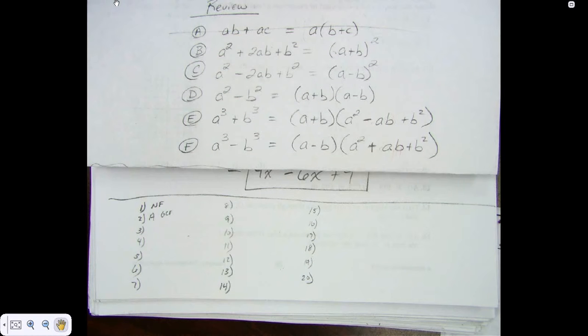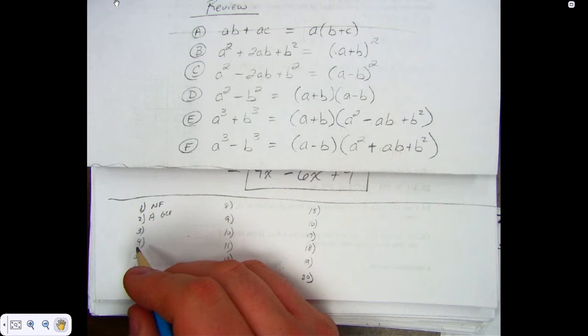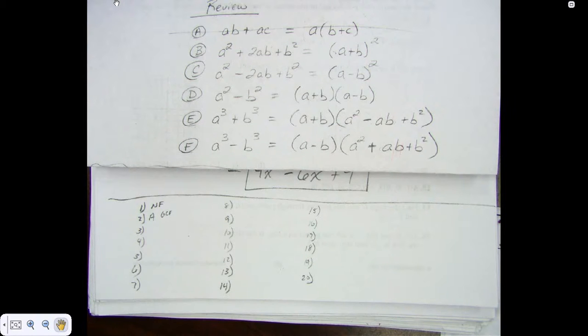Number 3, what does it look like? Is there any factoring to do on the top? Which one does it look like? A, B, C, D, E, or F? Number 3. From your book.